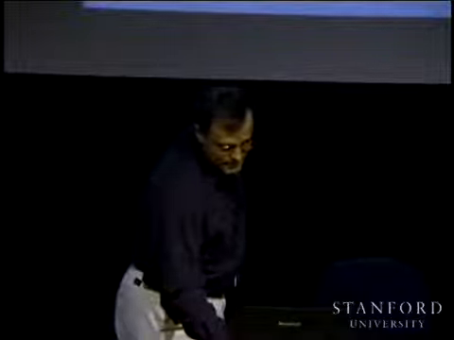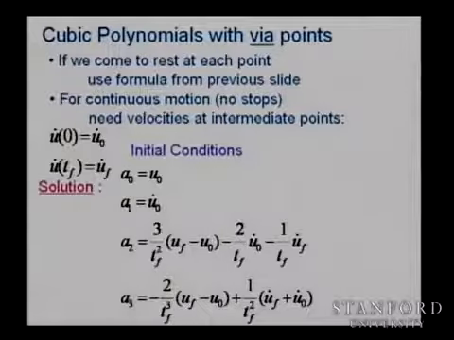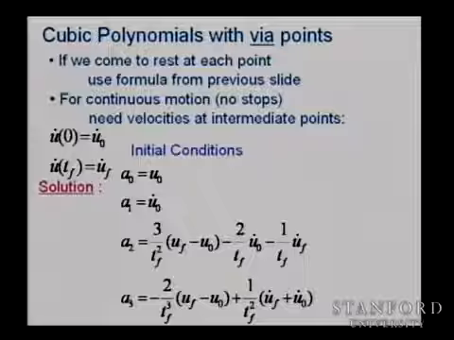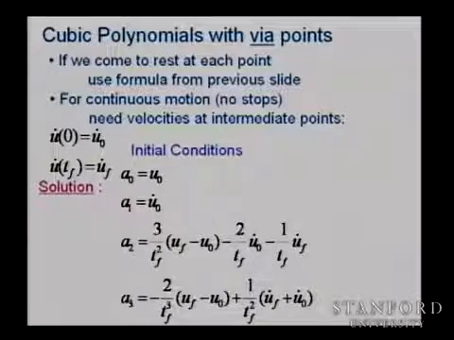So we have different initial conditions. We have certain values, and now obviously the formulas are going to be different. A sub 0 is still u sub 0, because from t0 we have u sub 0 as the initial point. A sub 1 now is going to be u sub 0 dot, because that's the condition.